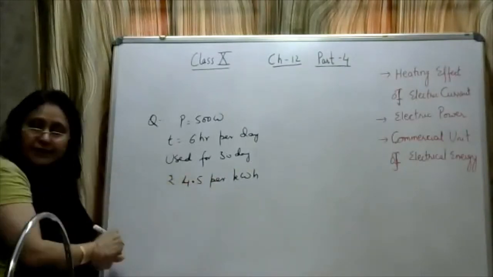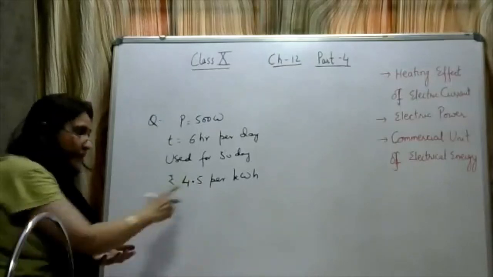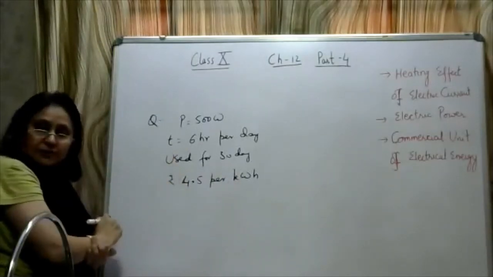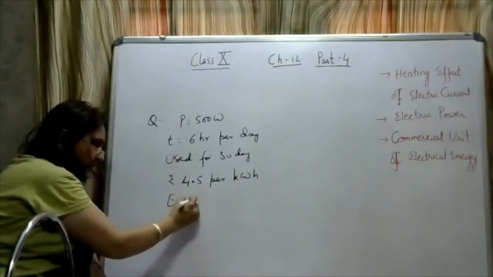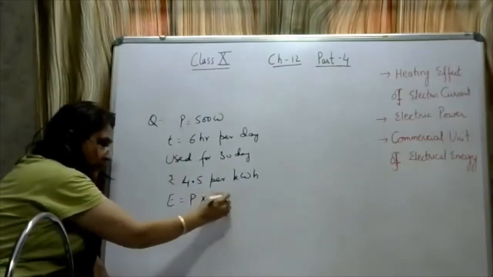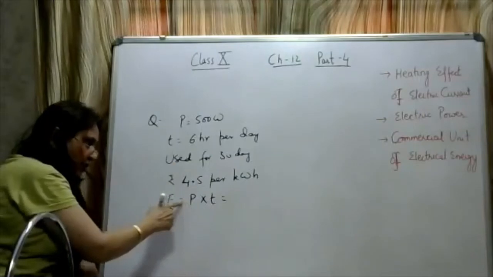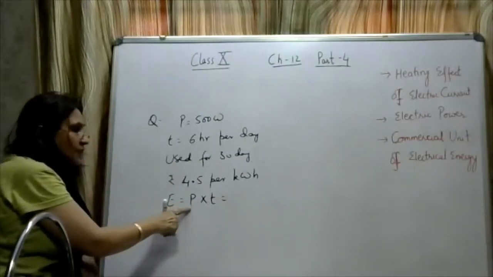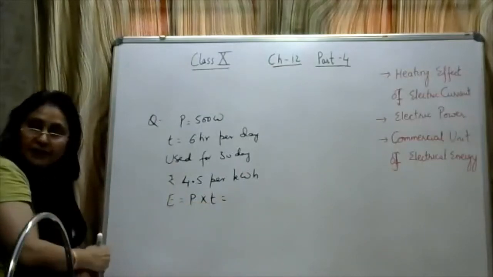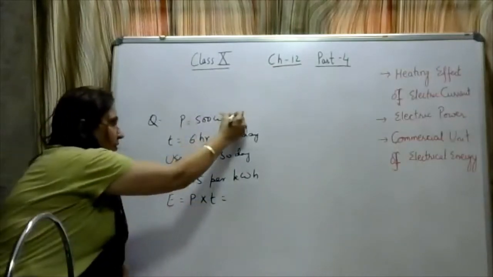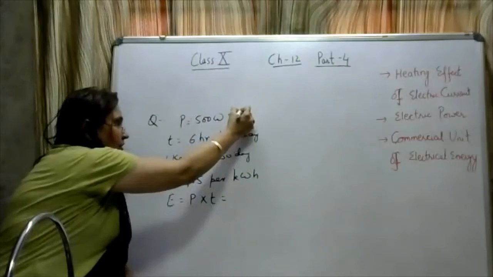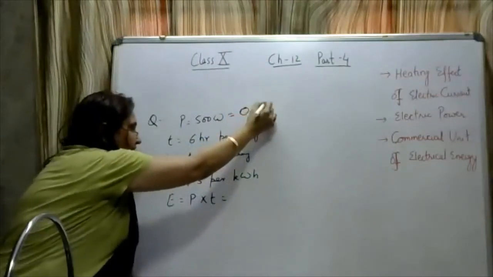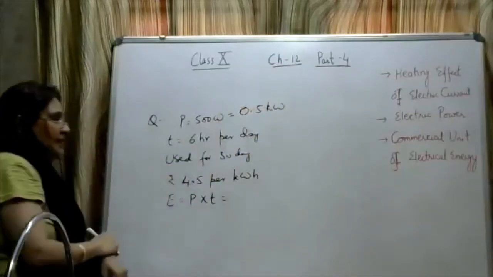So here we have to find out the electrical energy consumed in kilowatt hour. Then only we can find out the cost. We know that electrical energy is equal to power into time. In order to get the electrical energy in kilowatt hour, the power should be in kilowatt and the time should be in hours. 500 watt, 500 divided by 1000, that is 0.5 kilowatt, is the electrical power.